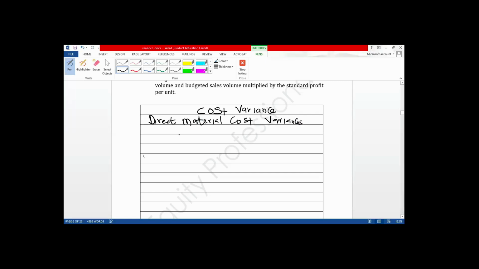This can be subdivided into two. Number one, direct material price variance.